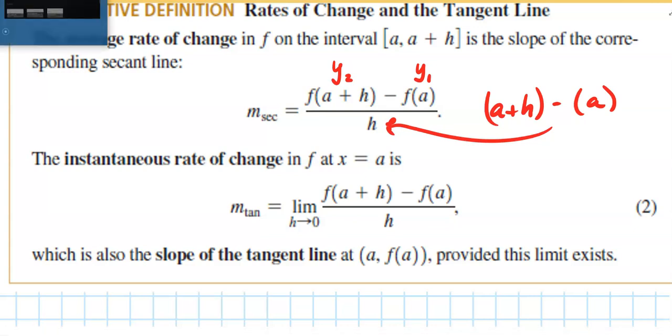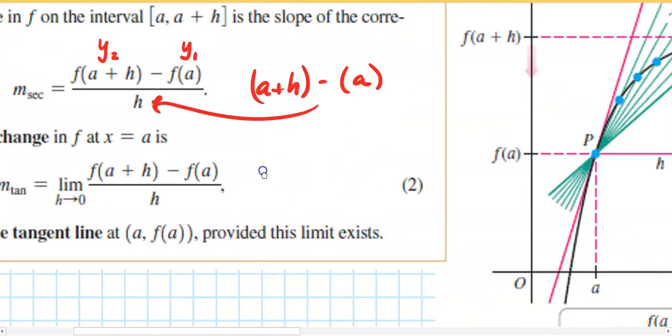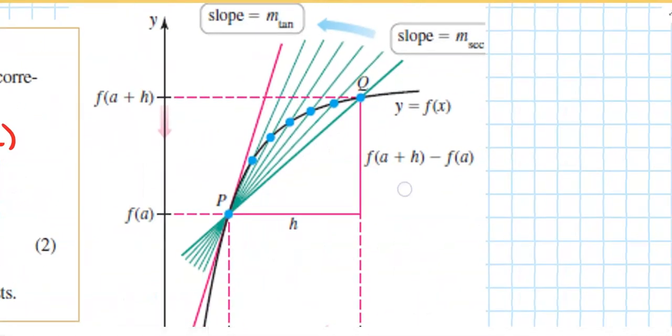Now, we recognize that the best approximation, if you will, for the slope at a single point is to reduce this h value to 0.